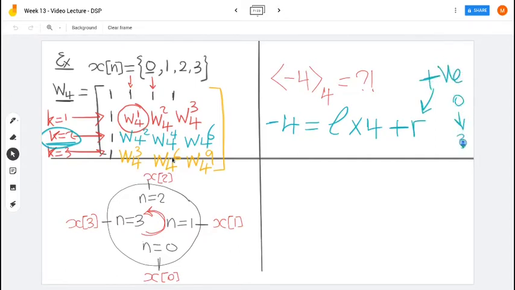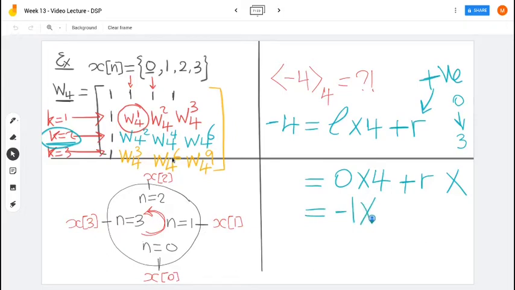And this r must be positive and must be from 0 up to N minus 1, which is 3 in this case. So, if we choose L equal to 0, this means we have 0 times 4 plus r, which makes r equal to minus 4, and this value is not acceptable because r must be from 0 to 3. What about choosing L equal to minus 1?